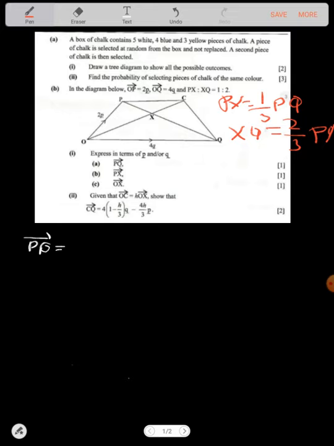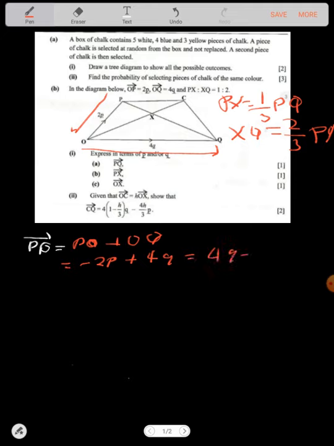So you can move from P to O, then you move from O to Q, you still reach Q. So PQ is equal to PO plus OQ. Now when we look at PO, PO is in the opposite direction of OP. So PO is the same as negative 2P plus, that's 4, then Q. So this is the same as 4Q minus 2P.